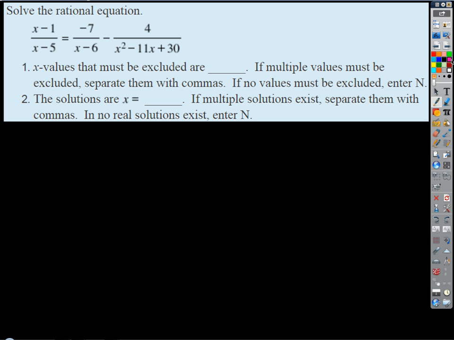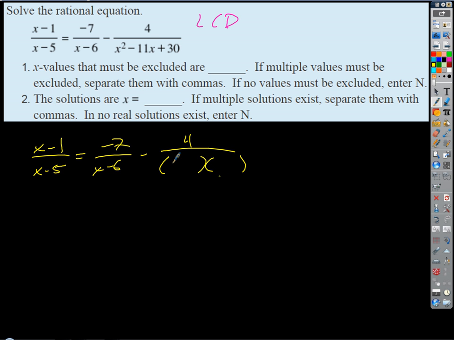We have to write everything in factored form. All of the rational expressions need to be written in factored form. We get x minus 1 over x minus 5 equals negative 7 over x minus 6 minus 4 over, what does that factor into? X minus 5, x minus 6.